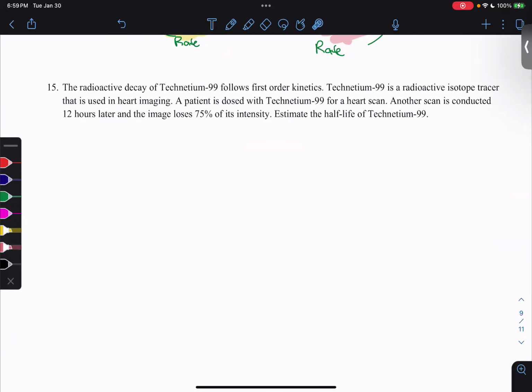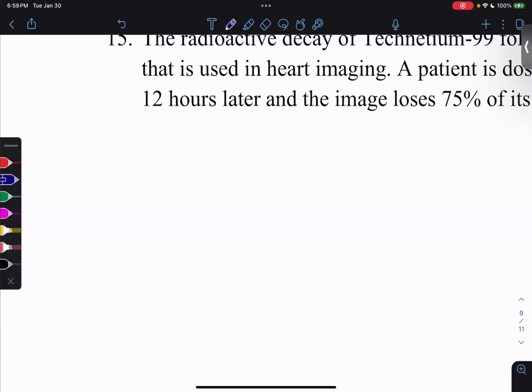actually, before we move on, let me remind you that there are 3 ways to determine a rate law. The first way is the method of initial rates, right? We can only ever find a rate law experimentally. We can't just look at a reaction and know the rate law.